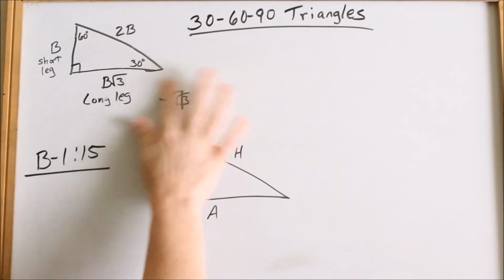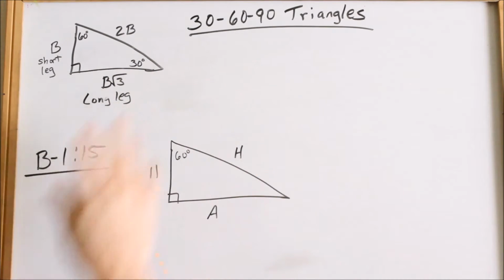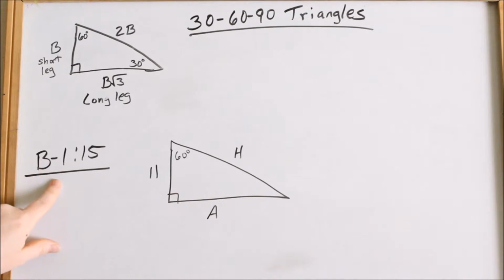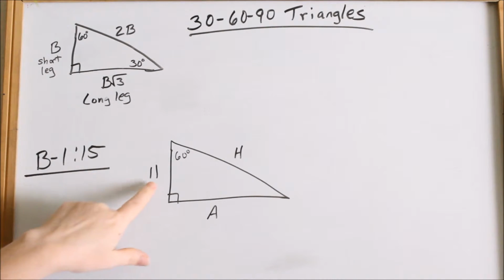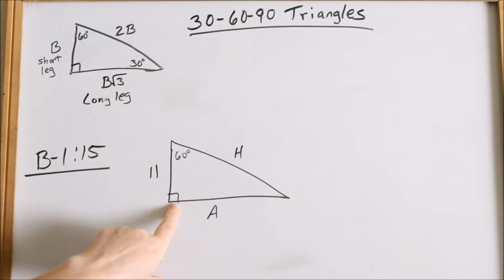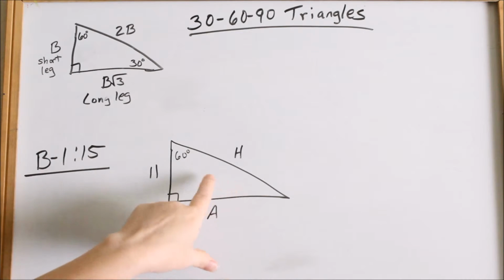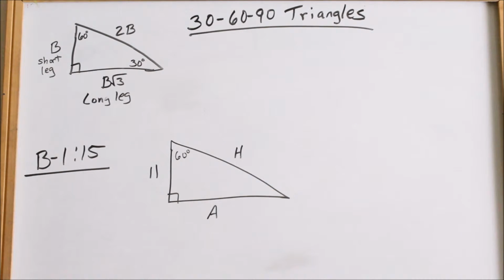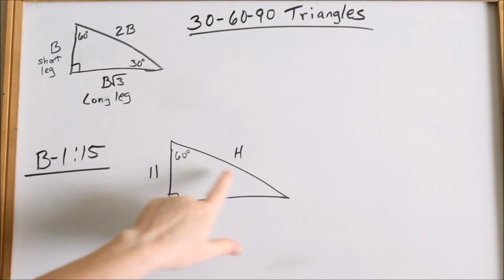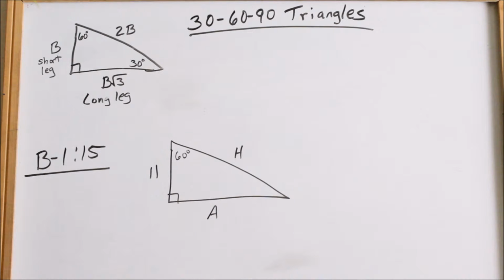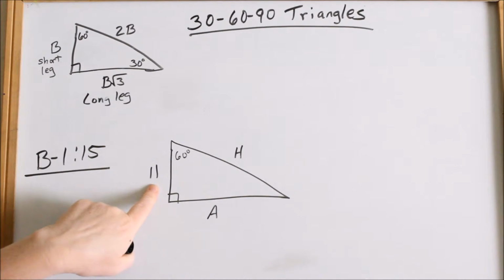We're going to do a triangle, one of each, to where we're given something different. Okay? If you look at page B1, problem 15, 30, 60, 90 triangle. How do I know? I've got a right angle, 90 degrees, 60. This one's not labeled, but I know it has to be 30 because 60 plus 30 plus 90 is 180. Okay, so therefore I know it's a 30, 60, 90 special right triangle.